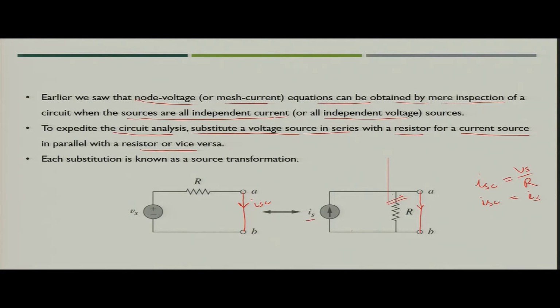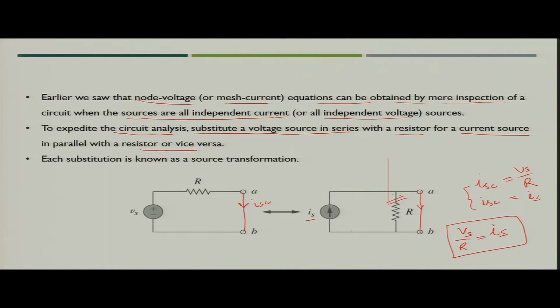So, now as we discussed that when we are creating the equivalent circuit, its property should remain same. That means that short circuit current should be same in both of the cases. So, what we get from here? We get from here is nothing but Vs by R equal to Is.